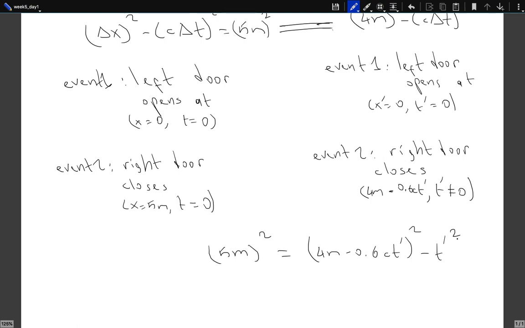We can solve this, right? Yeah. And from here you can determine t prime, if you want to use invariant intervals. Oh, it's also c t prime squared. You're right.